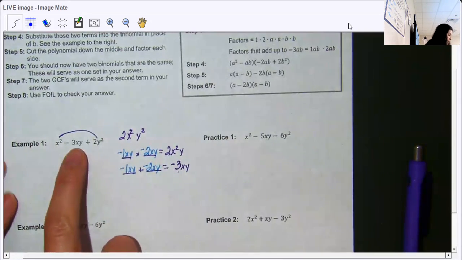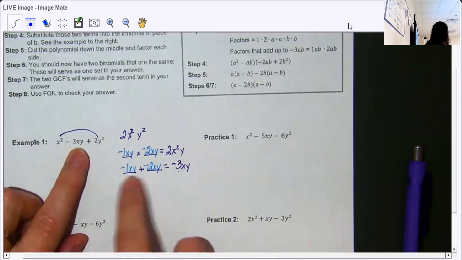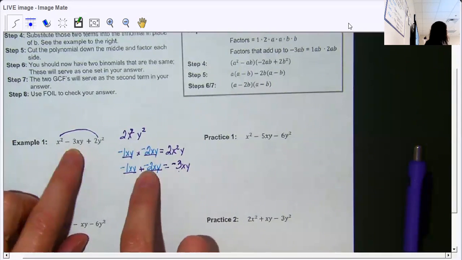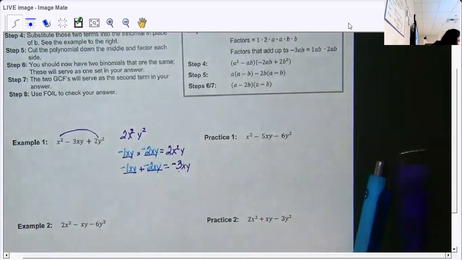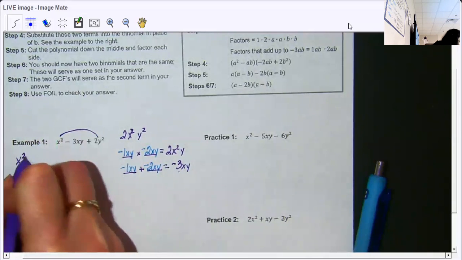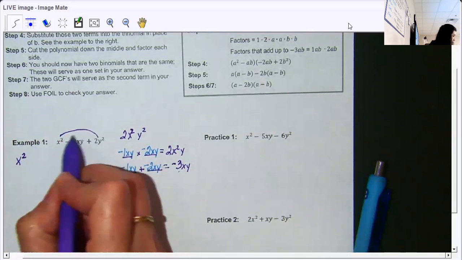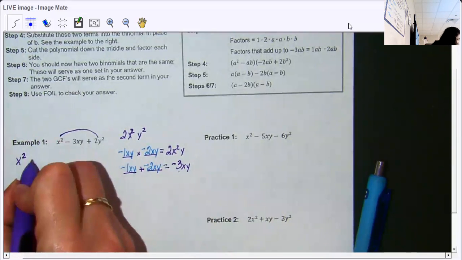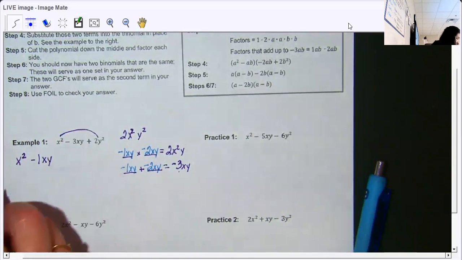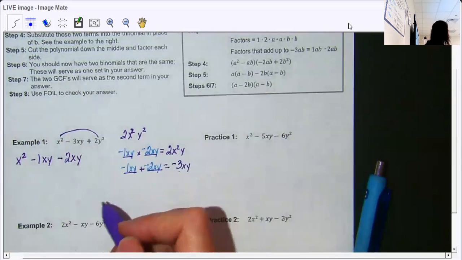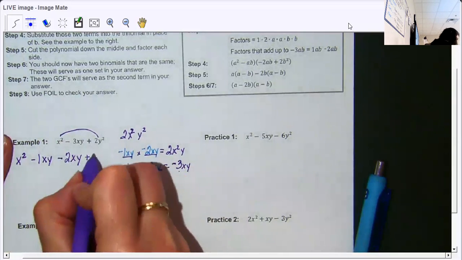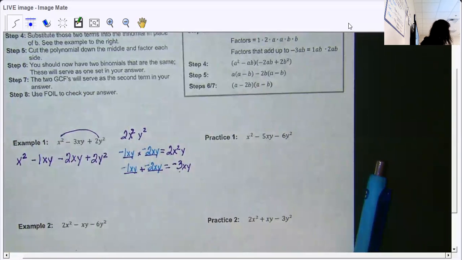The middle term is now 2 terms that total the middle term when you add them together. So we write x squared, that's our first term. Our middle term is separated by a negative 1xy and a negative 2xy. And then we write down our last term, a positive 2y squared.